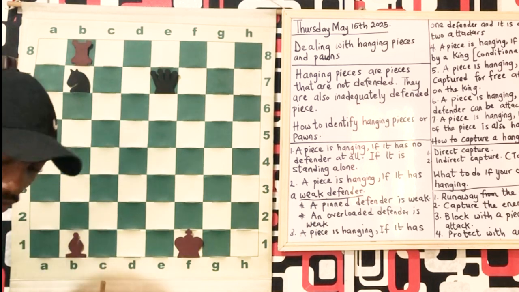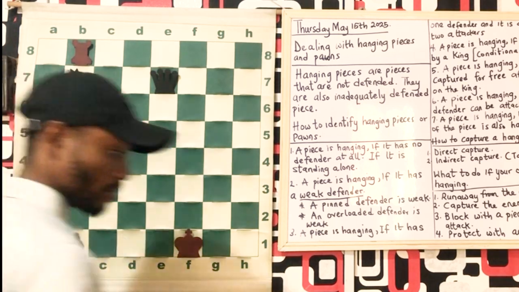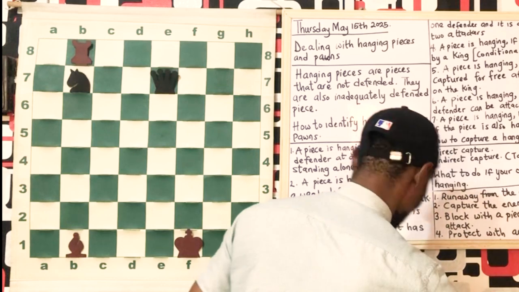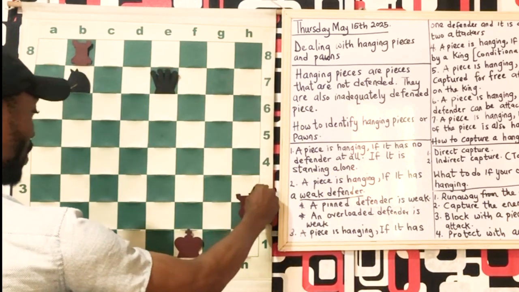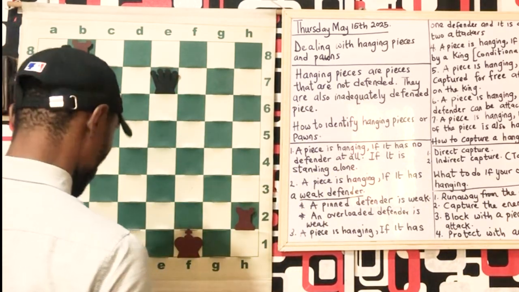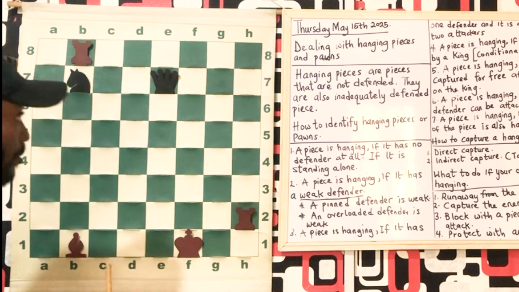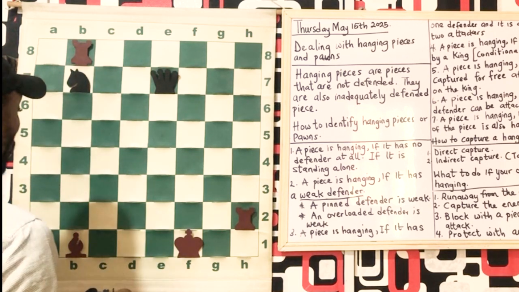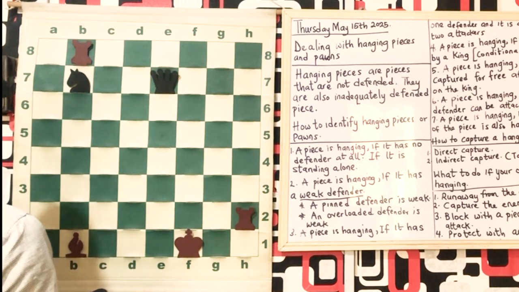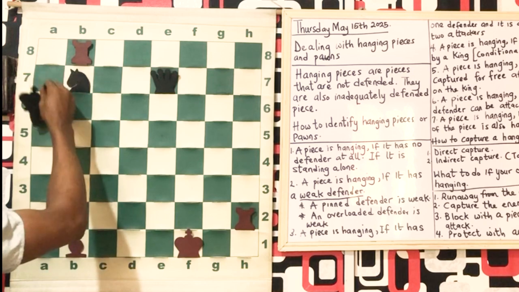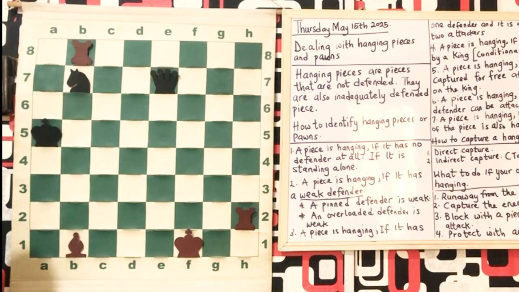We have a white rook joining in the attack from here. Then I need to place a king on this board. Let's put the king here, for instance.